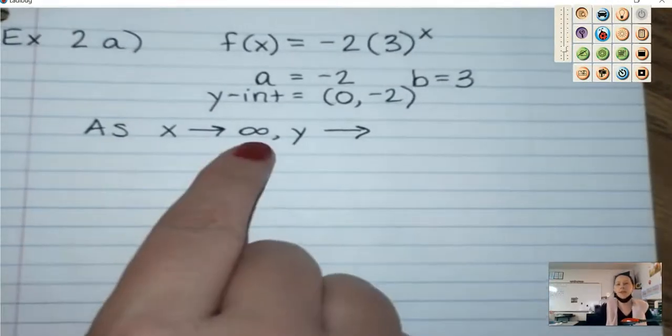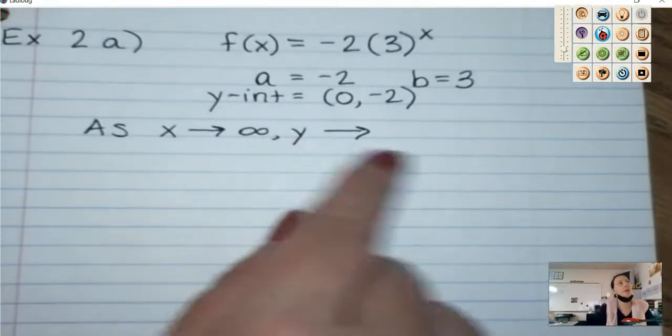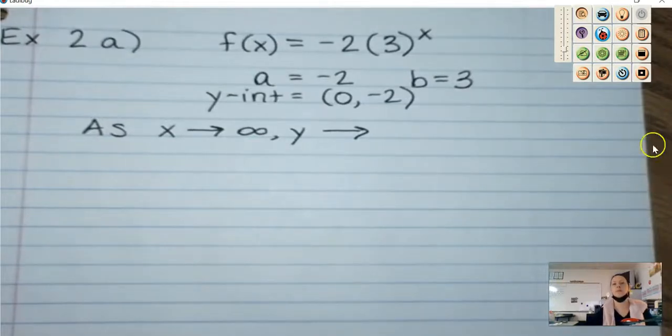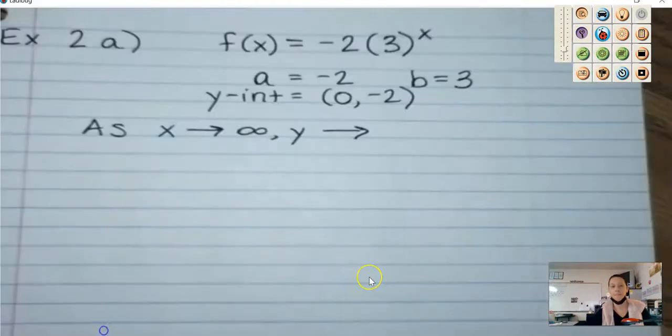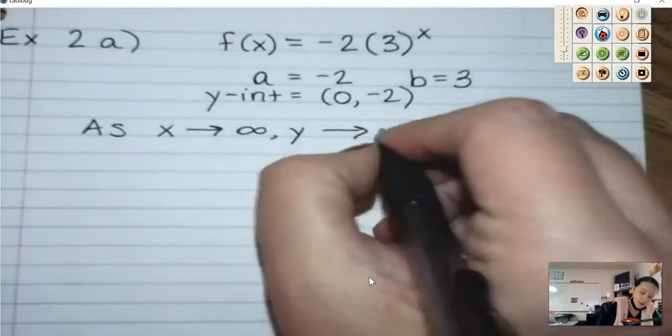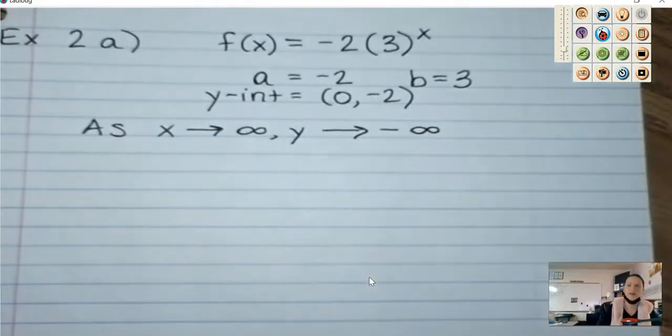So as the x is getting larger, I want to know what's happening with the y's. Looking at the graph, as x is getting bigger, so as I'm going to the right, the blue line is going down, and it really has an arrow. It's going down forever. So if it's going down forever, it's eventually going to go to -infinity. So the y is getting closer to -infinity. It's just going down forever.